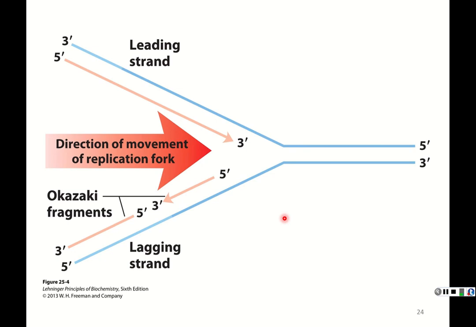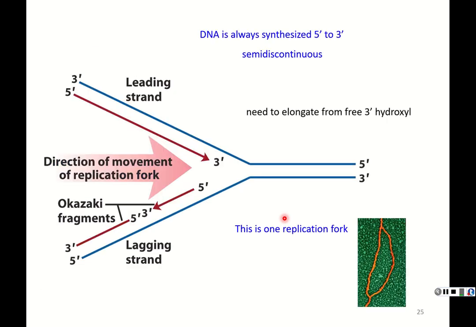You're going in the opposite direction as the fork. This is the same figure, just slightly different colors, and it's showing that electron micrograph that we saw earlier of this DNA. These are the replication forks, and this depicts what's happening in this picture.